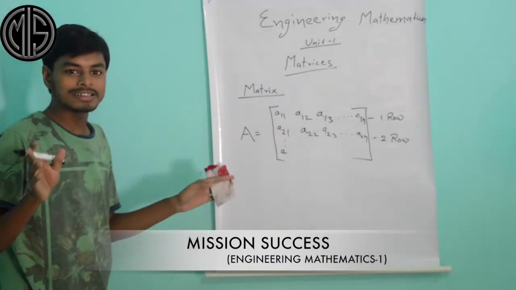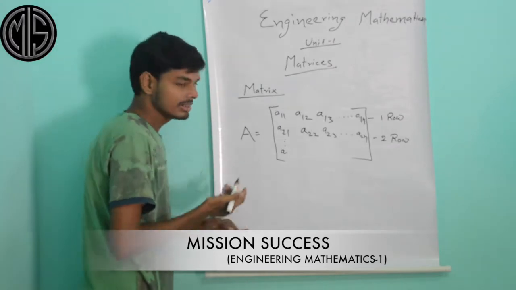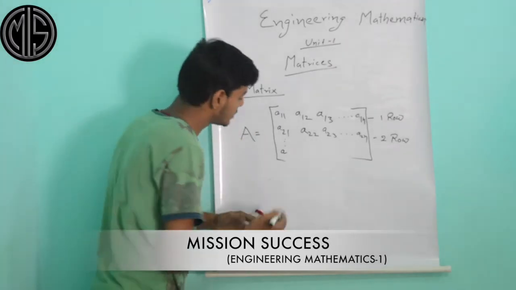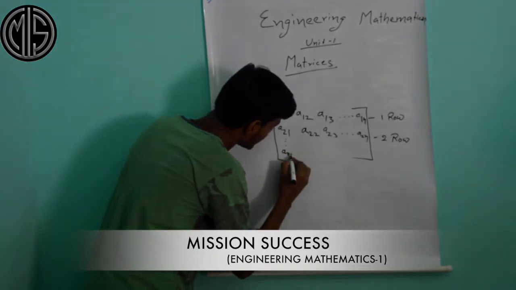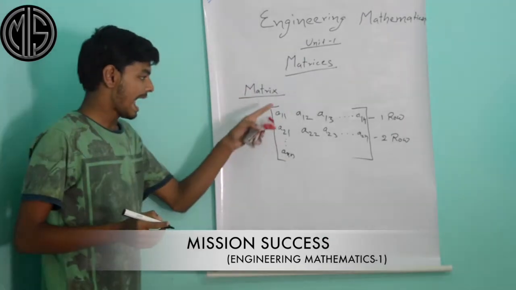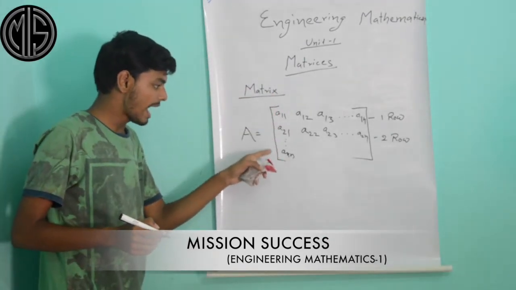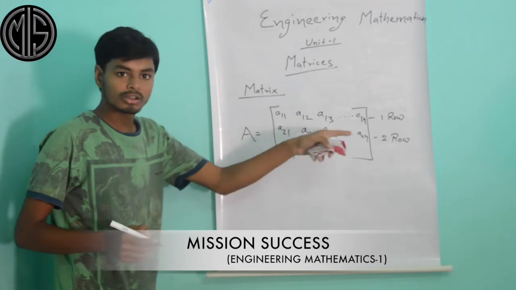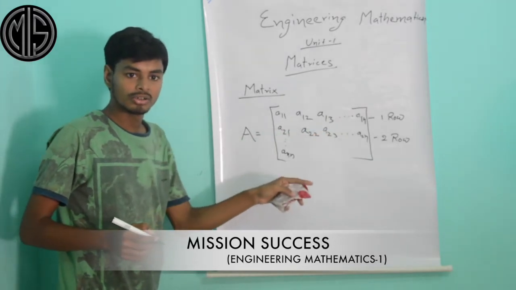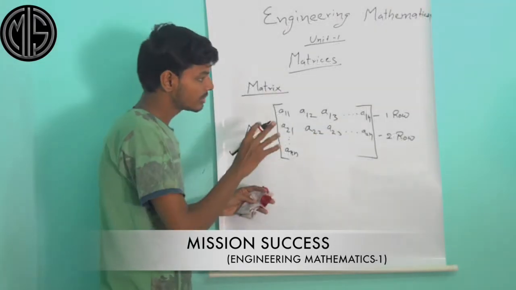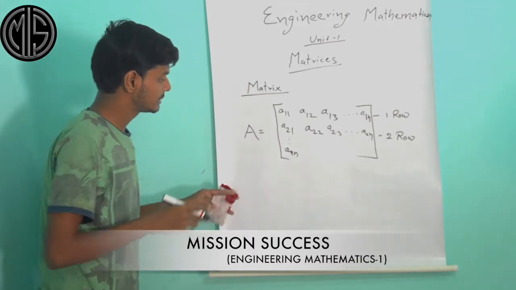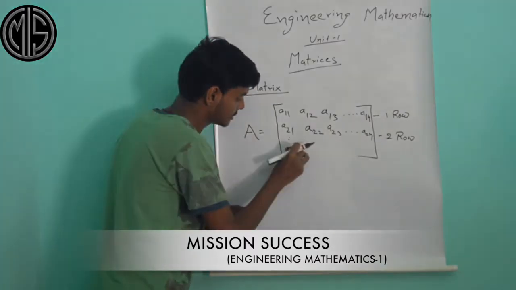Normally we can represent infinity at the end. Means according to that, this is A and n means nth row and nth column. But in a matrix, we cannot do like that.